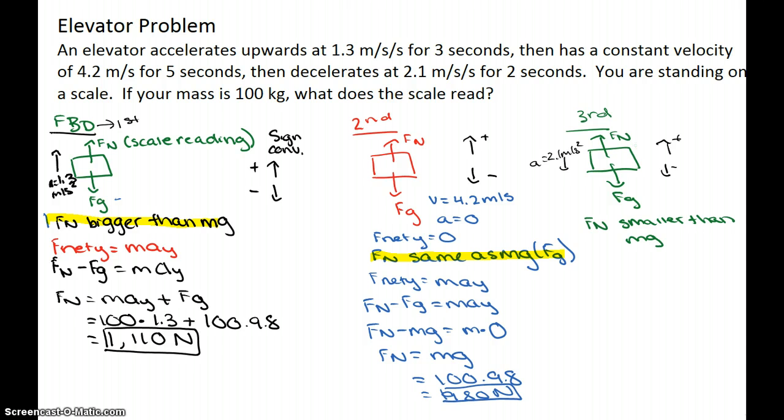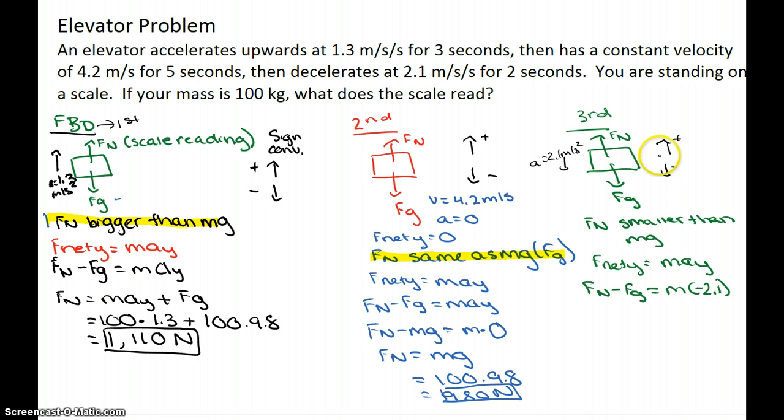Let's go through our problem solving steps. The net force in the y direction is equal to mass times acceleration in the y direction. We have the normal force acting up, which is the positive direction, minus my weight pulling down, equal to mass times my acceleration. Because the acceleration is down, and that's negative in my sign convention, the acceleration plugs in as negative 2.1.